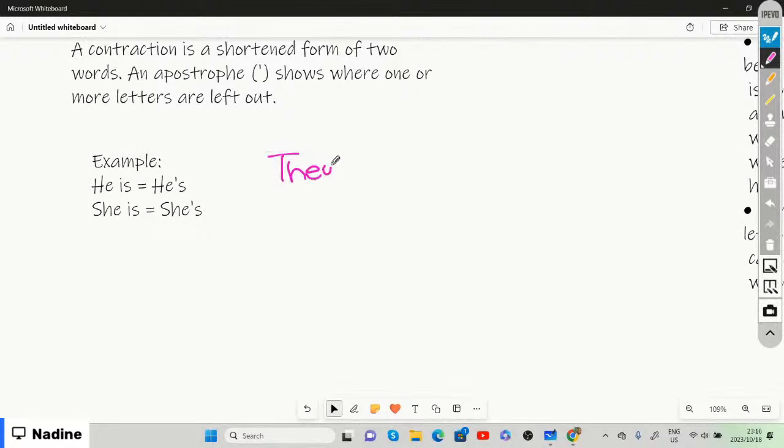they, right? If we want to say they are, how are we going to write that in the form of a contraction? How are we going to shorten these two words by also adding our apostrophe? And what letters are we going to leave out?